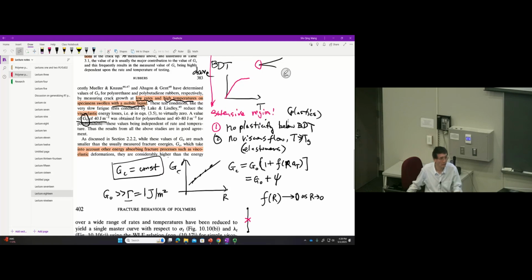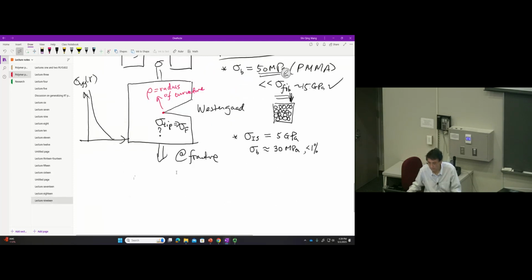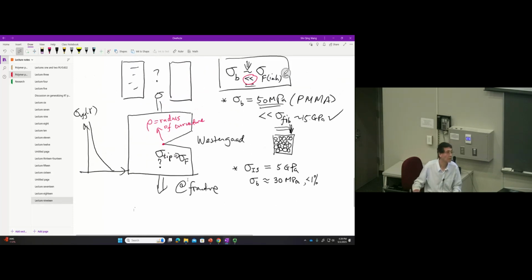Therefore, they have a lot of sympathy for using the concept of plasticity. This is why I got reminded of what I said last time.